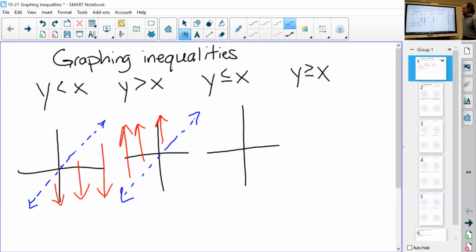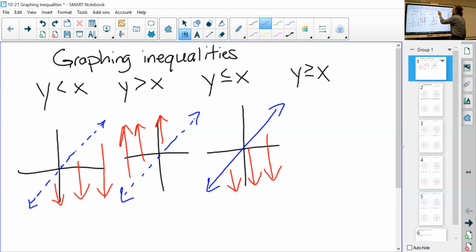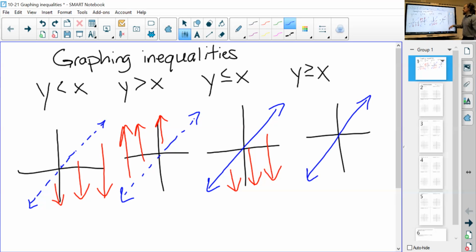Instead of drawing a dashed line, since it can also equal x, we go back to making a solid line. But we still need to shade it, so it's less than, just like before, everything beneath the line. Okay? And then y greater than or equal to x, still this blue line, is going to be a solid line, and then we shade everything above. Okay?